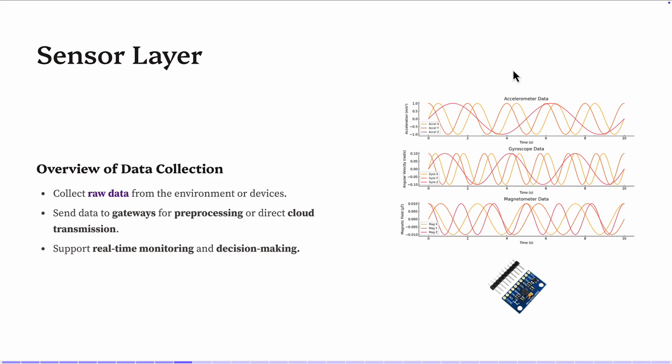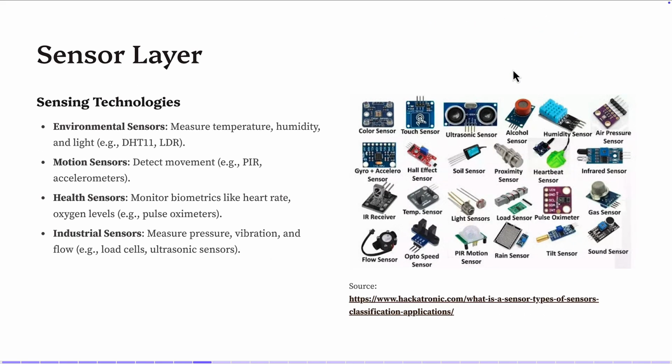So let's look at the different types of sensors that we can have in practice. We can have environmental sensors like temperature, humidity, and light. For example, this is a humidity sensor, which tells us the ambient humidity in the environment. This sensor is for air pressure.